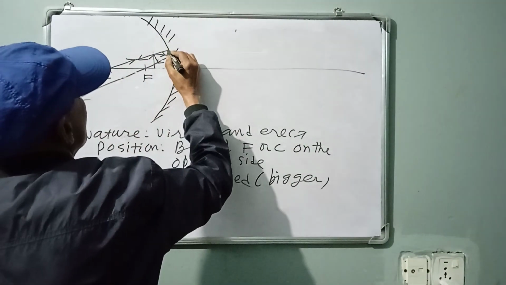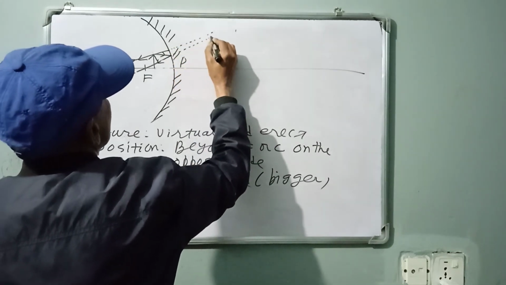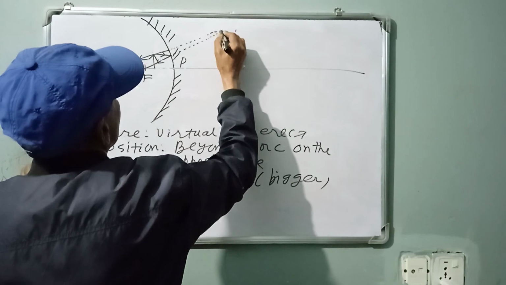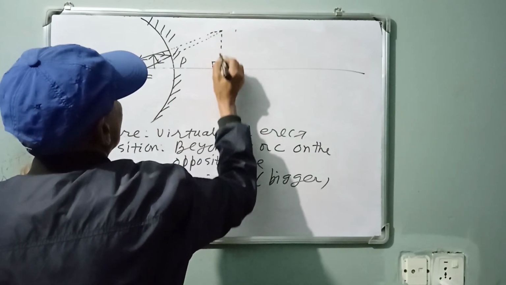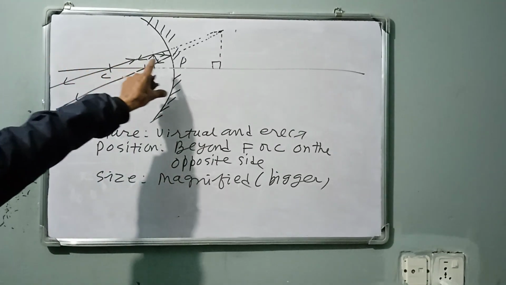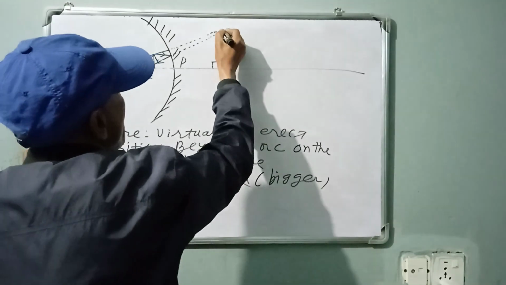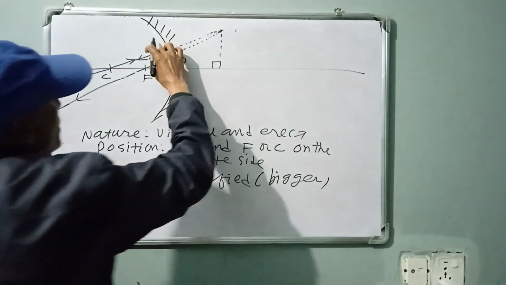Now, here the rays don't meet. The two rays seem to diverge from this point. So this is the image, this is the object.